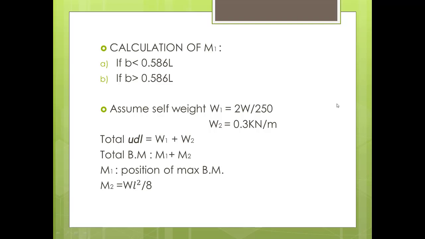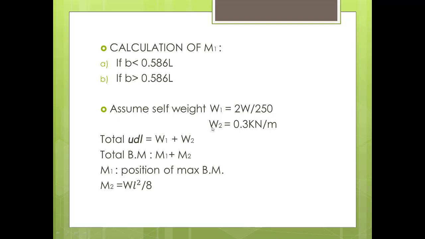Then we have to assume self weight. The self weight will be 2 into the total load W, divided by 250. This will give you the self weight, and the unit will be kilonewton per meter.